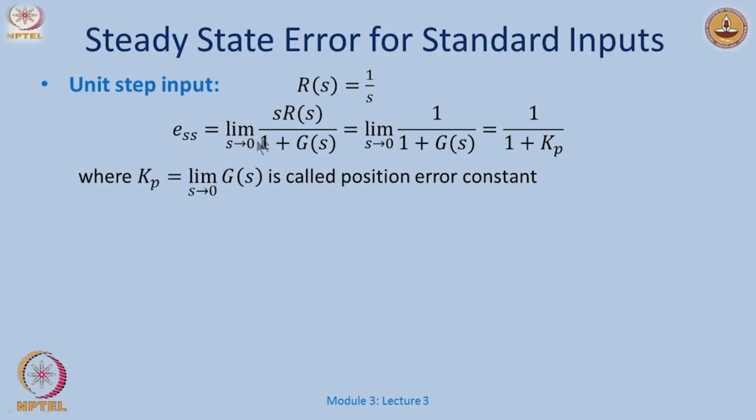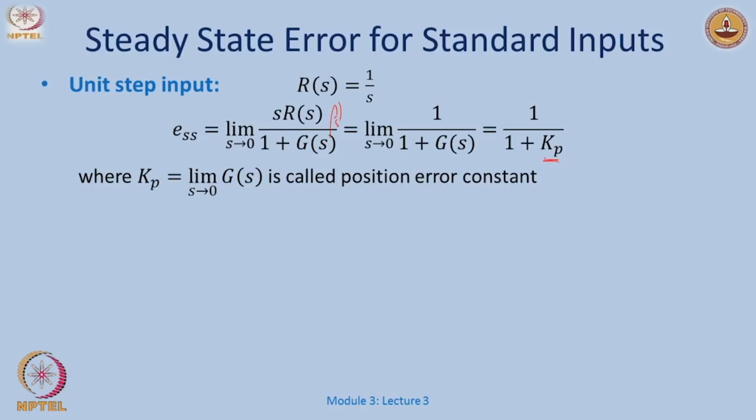e_ss is limit s going to 0 of s times R(s), and this R(s) is 1 over s, right. Okay. So, this s and s disappear and I am left with this. So, this limit would be 1 over 1 plus Kp, right. So, this Kp would be limit s going to 0 of G(s), and this limit will always exist because we are looking at causal systems, right.